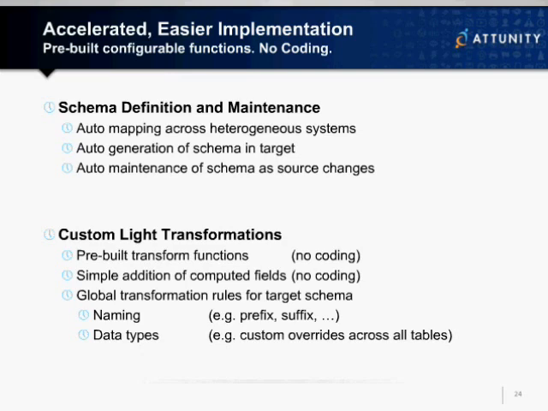Attunity is a more modern environment that takes the whole process of schema definition and maintenance and completely automates the mapping across heterogeneous systems, for example, from an Oracle or SQL Server into a Pivotal environment, automatically generating the target, automatically maintaining that schema, enabling you to add on top of that, if you want, all kinds of light transformations or global transformations, all without using any line of code.